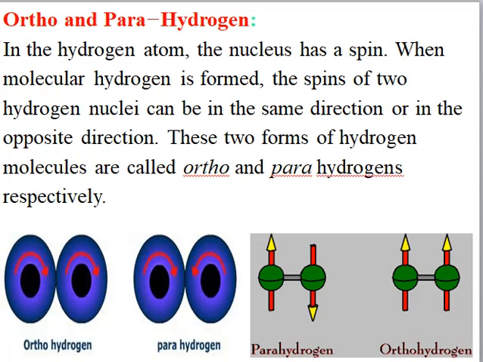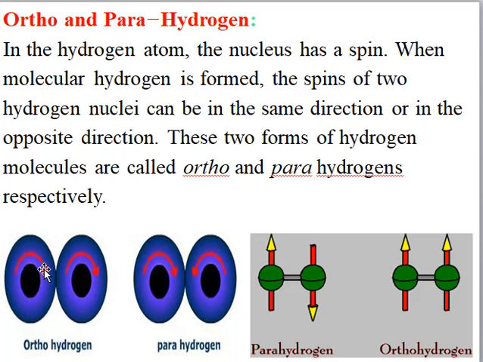When the molecular hydrogen is formed, if the protons in both the hydrogen atoms are spinning in the same direction, then it is called the orthohydrogen. If they are spinning in the opposite direction, then it is called the parahydrogen.